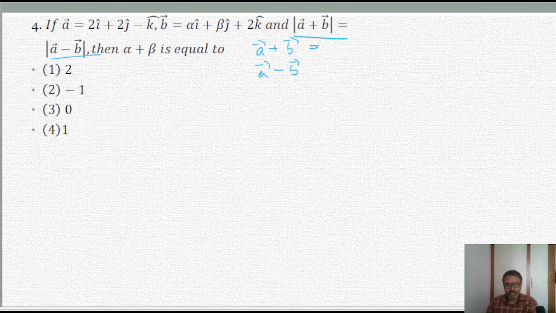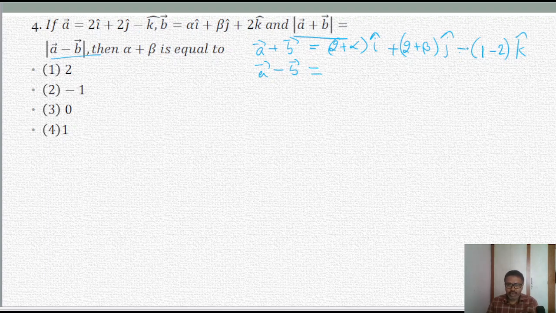So very simple question. Let us find out first vector A plus vector B. It will give us 2 plus alpha i cap, 2 plus beta j cap, minus 1 minus 2 k cap. I have taken minus common in this, that's why I am getting minus 2 here.